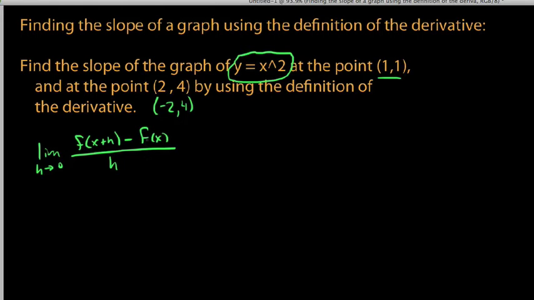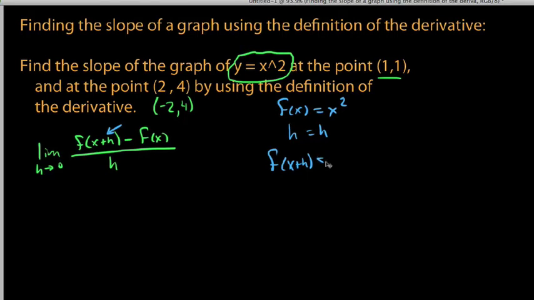So one suggestion I can give before we start is this. It's helpful to maybe find f of x plus h off to the side somewhere. So out of all the values here, we seem to already know f of x. f of x is equal to x squared from above, our function. Okay. h is equal to h, but f of x plus h, this quantity we need to plug in.